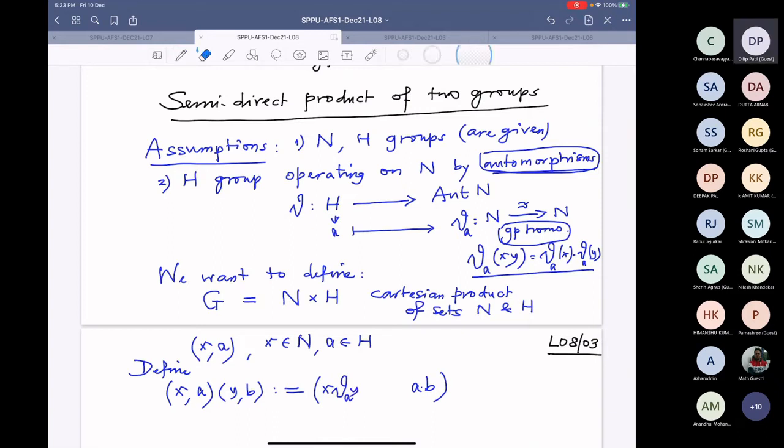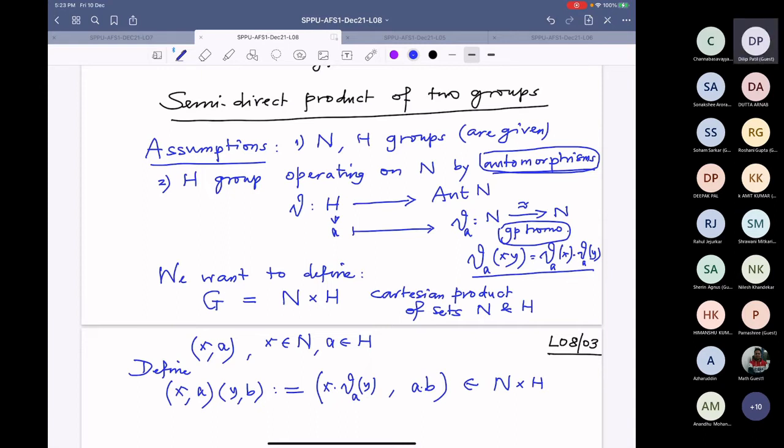So let me write it clearly: x times theta_A(y). This is indeed an element in N cross H by our given assumptions. That clear? So I made a definition, and with this definition I will now check that G is a group.